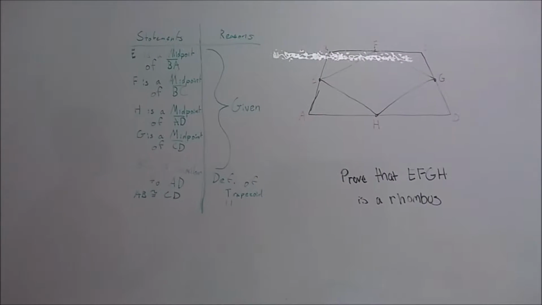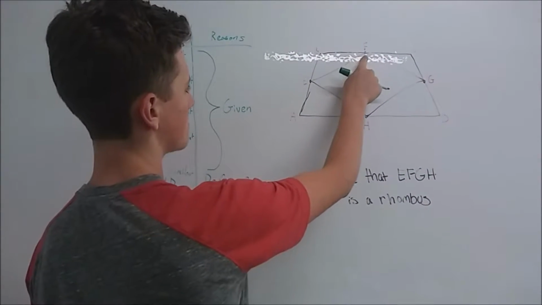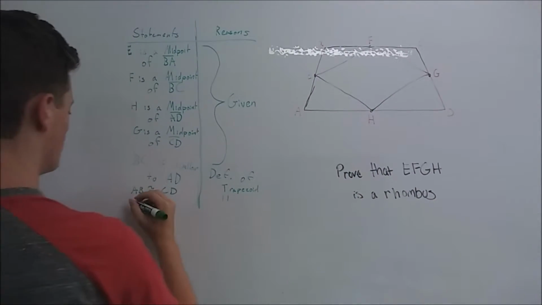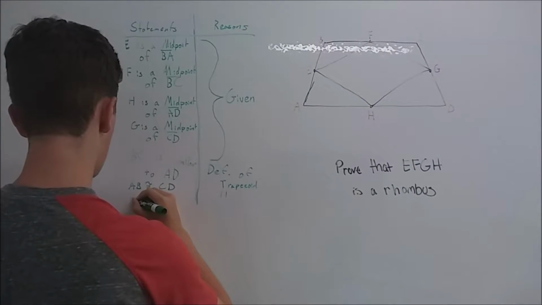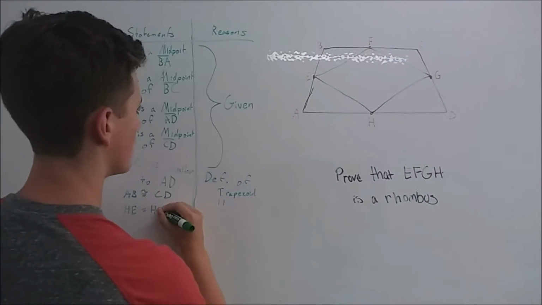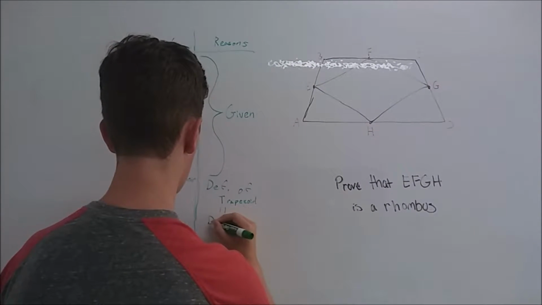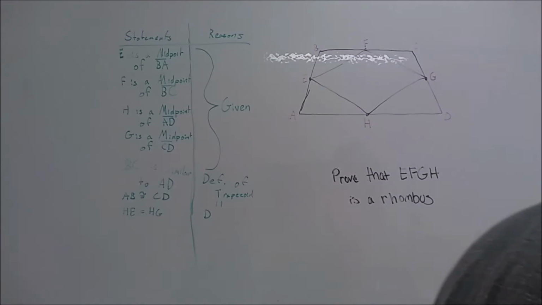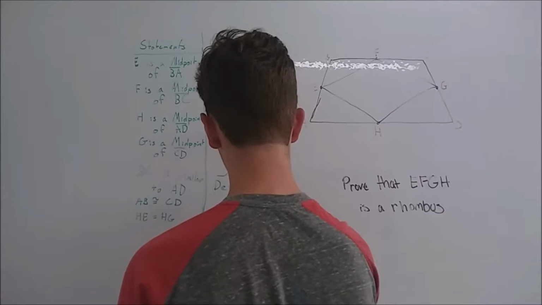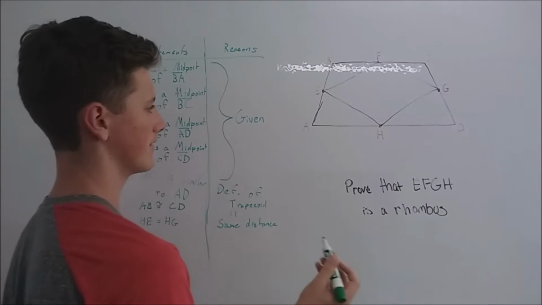And then from there, because these two lines are similar, the midpoints will be at the same spot. So HE is equal to HG, because they're the same distance, because of the definition of a trapezoid.